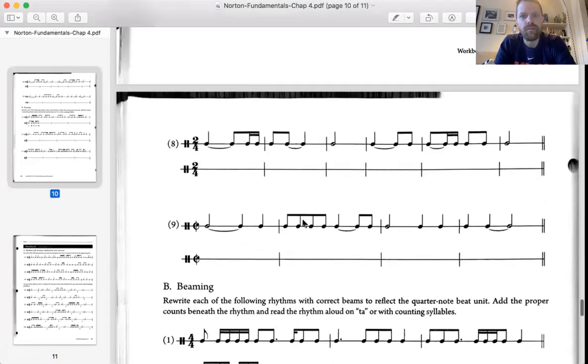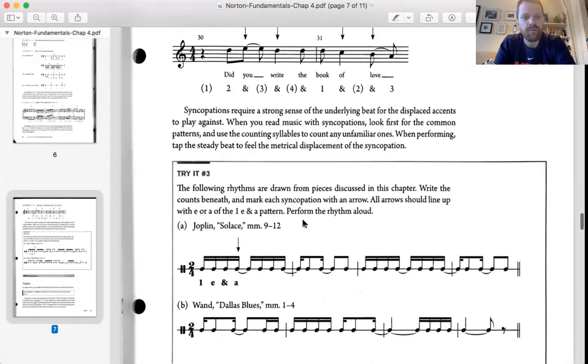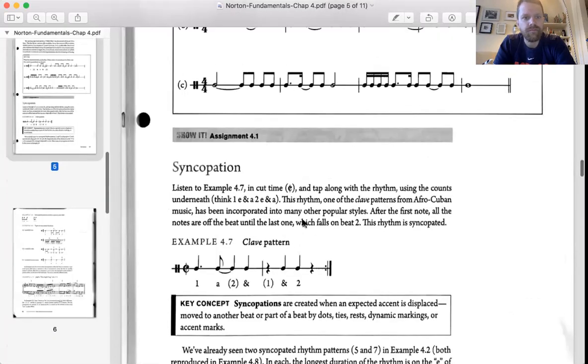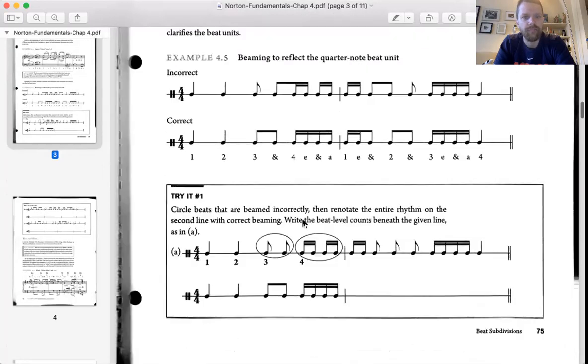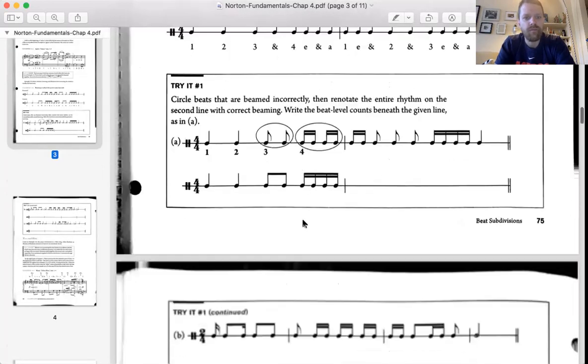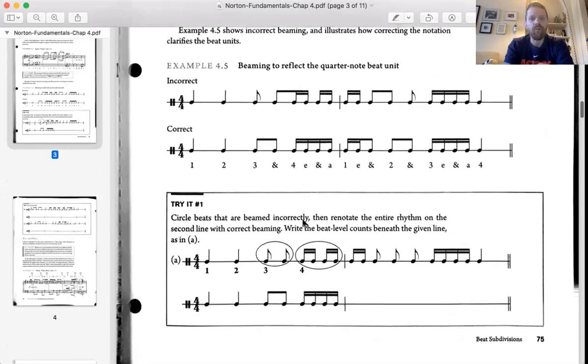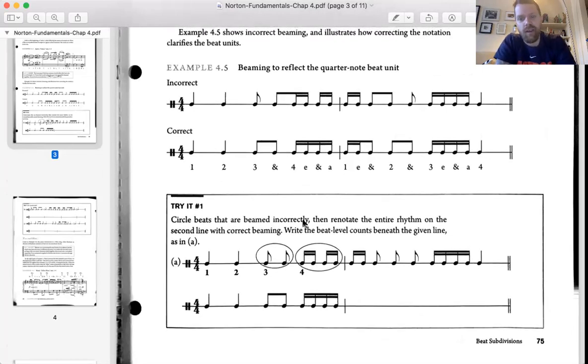I think it's right here. Okay. So if we're looking at this example, this is from your textbook too. This is just a PDF of it.